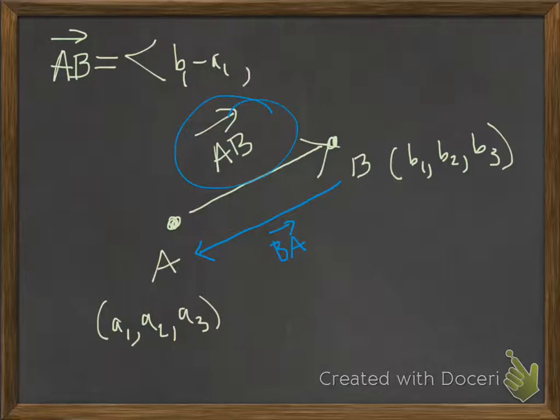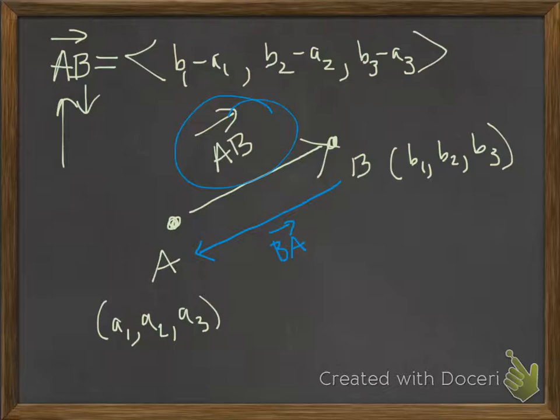That would be the x component of this new vector. b2 minus a2 and b3 minus a3. A lot of times students get that confused, so figure out a way to remember that if you're starting your tail at A and ending at B, then you're going to subtract the A from the B. All right, and that's how you define the vector between A and B.